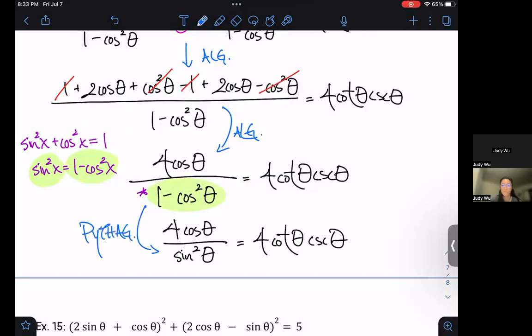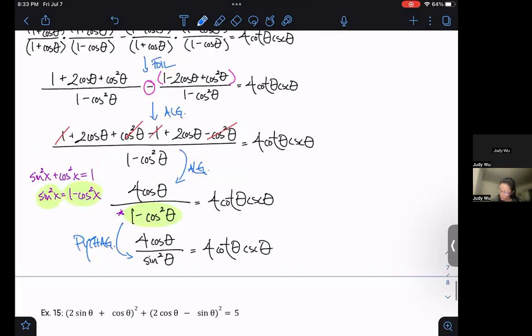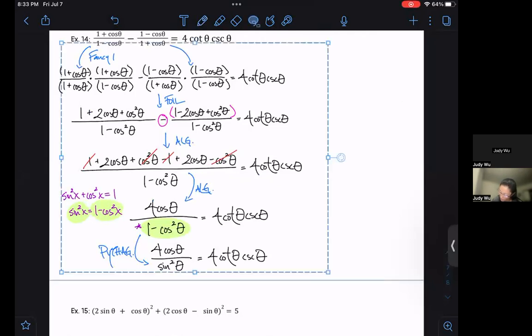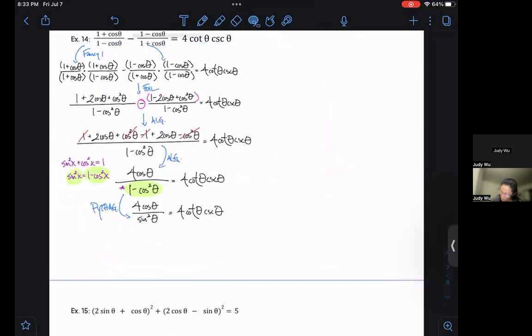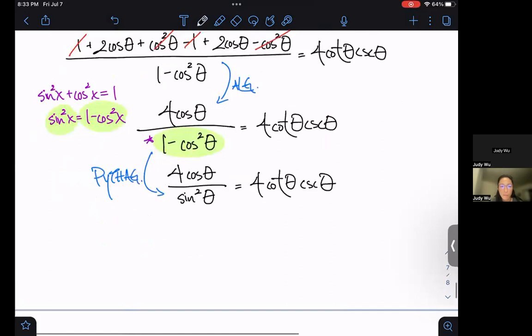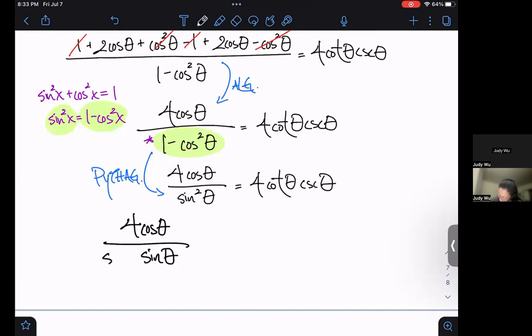And this is our Pythagorean identity. Now, we are running out of space a little bit, so I'm going to cheat and shrink all of this just enough to give us more space. We are almost done here. I'm going to write this as 4 cosine theta over sine theta times sine theta, which I hope will equal what I want it to equal.